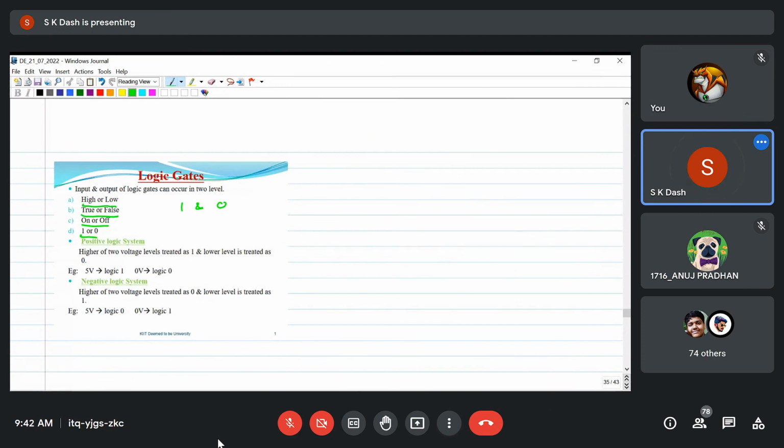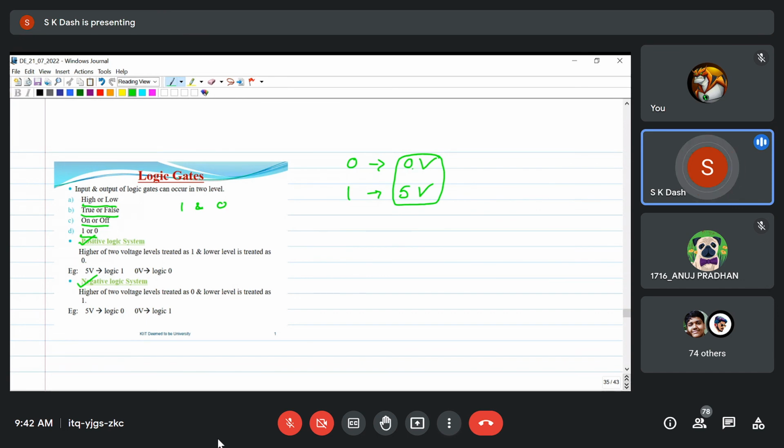Next is logic system. Logic systems are of two types, positive logic system and negative logic system. In the initial class I told you that logic 0 is nothing but a certain voltage level, and logic 1 is a certain voltage level. Suppose I want to represent 0 volt and 5 volt.